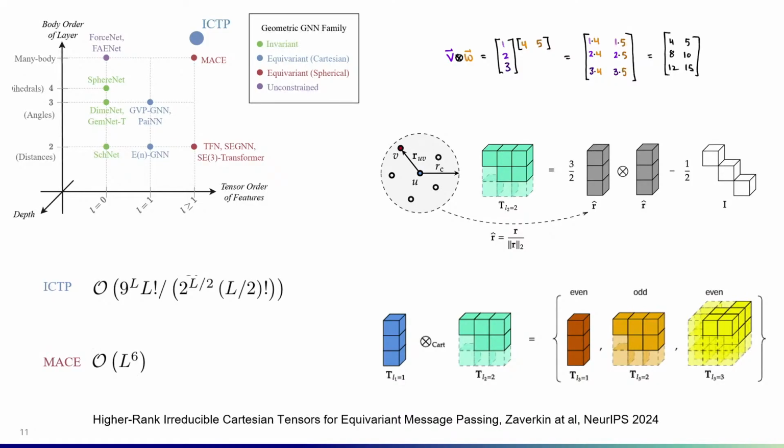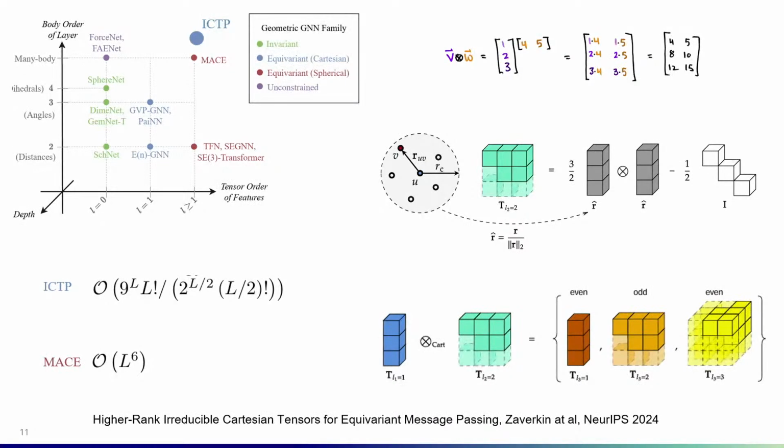So these are the other types of features that you put into this model: not just the distances, but also the directional information. And this directional information is encoded using what are called tensors, these multidimensional objects. Depending on what kind of basis you're working in and what method you're using, you create these so-called irreducible representations of these vectors.